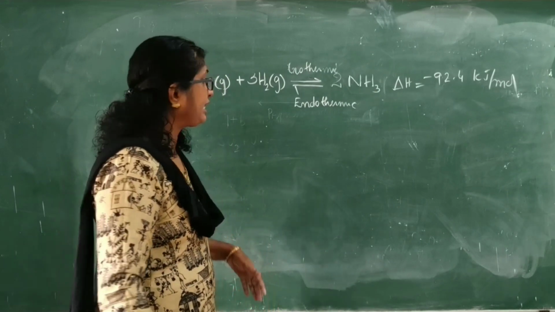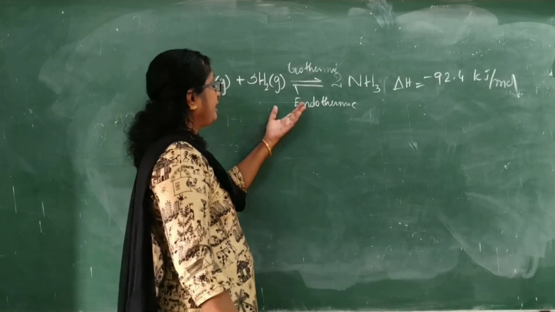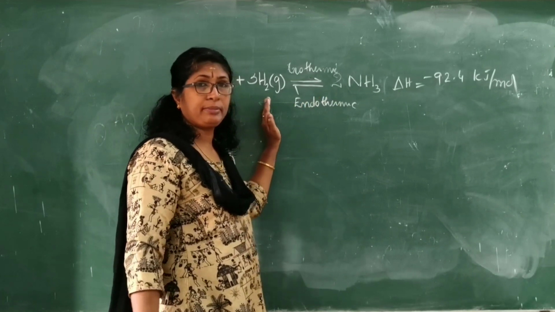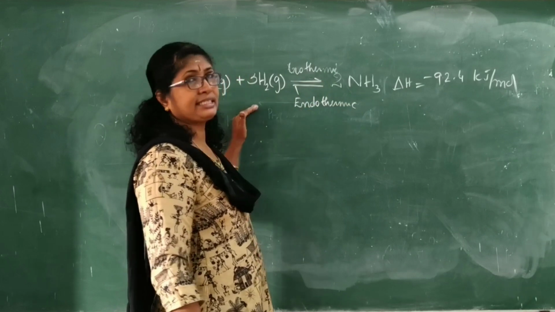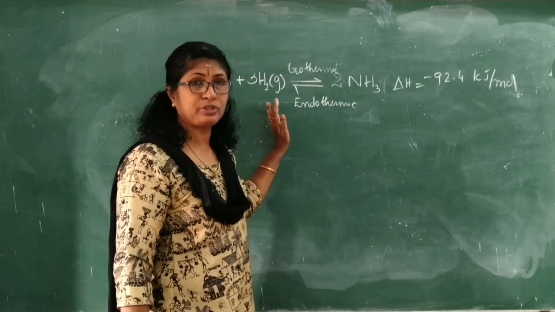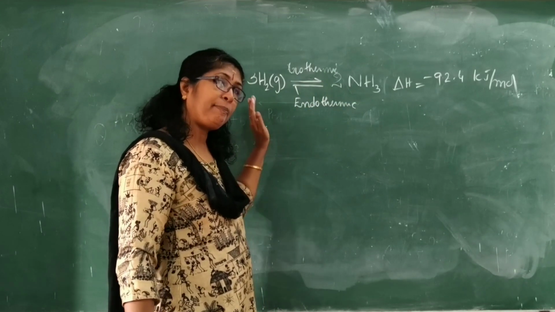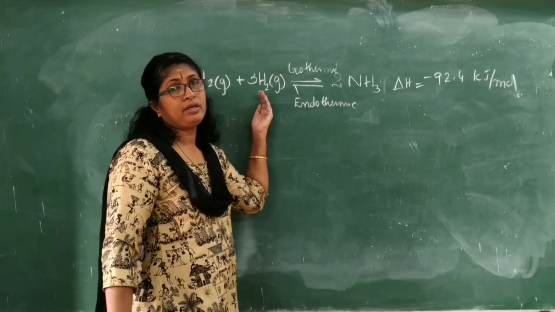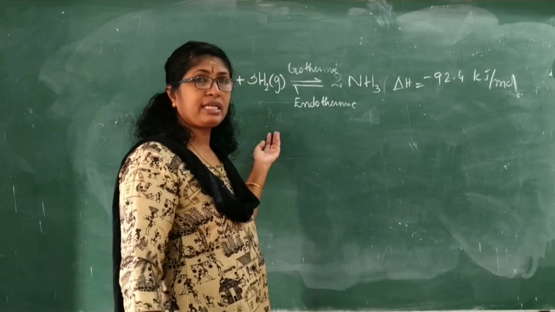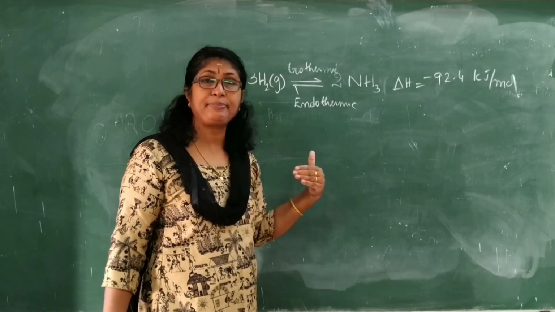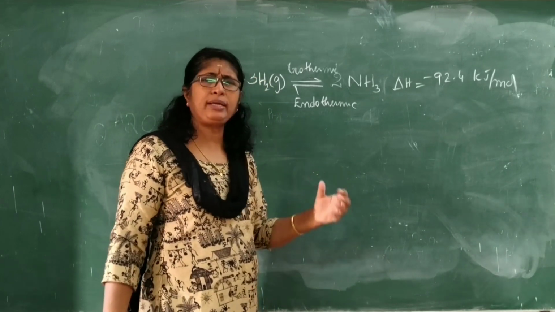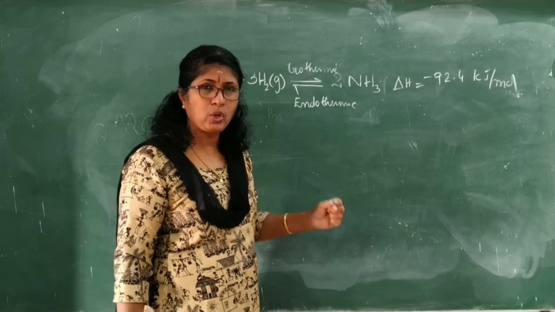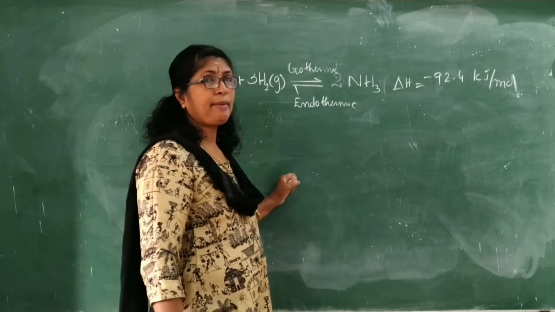In which direction then will the reaction go? Here the backward reaction is endothermic, so the backward reaction will take place, where the heat is absorbed. So if you apply a high temperature, the backward reaction will be favored because in the backward reaction energy is absorbed. Suppose you are applying a low temperature, then what will happen?